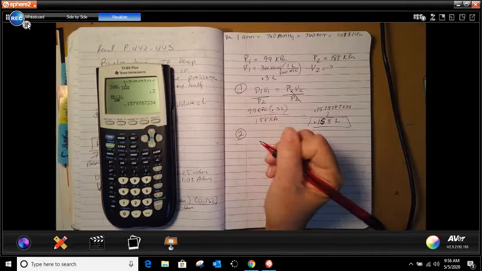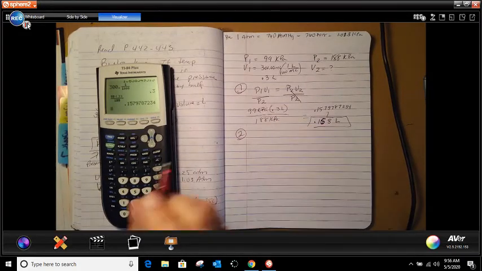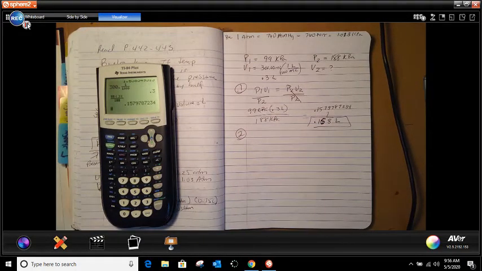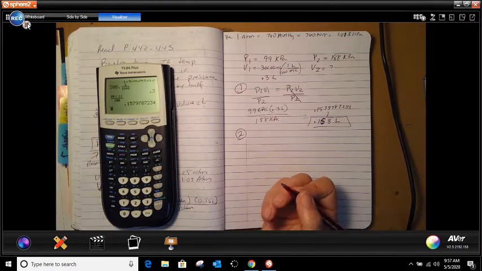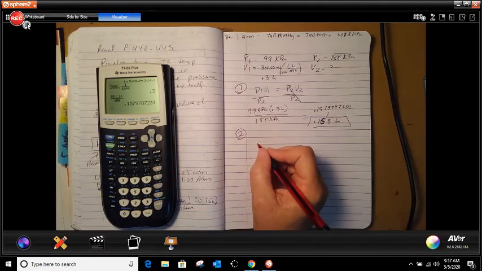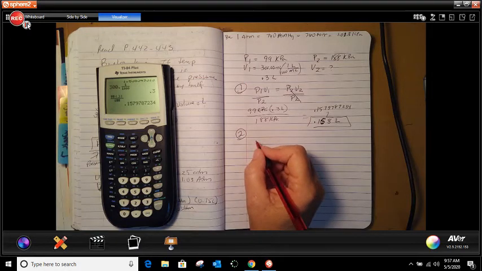Question number 2 says that the pressure of the sample of helium is 1.00 liters.